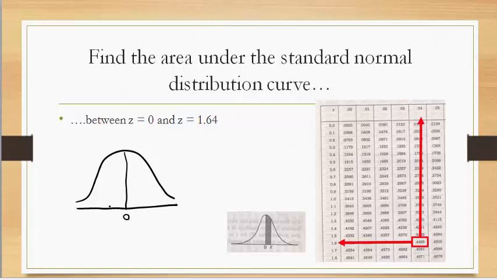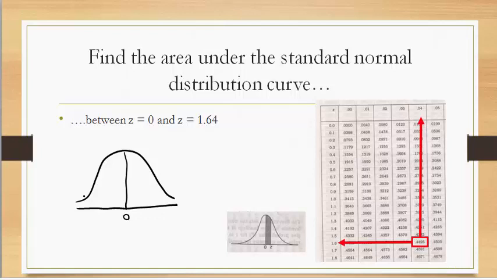This line across the bottom we're going to refer to as a z-axis. It is where our z-scores are going to be located. It works similar to a regular number line in that on the right-hand side of 0 we'll have the positive numbers, and on the left-hand side of 0 we'll have the negative numbers.